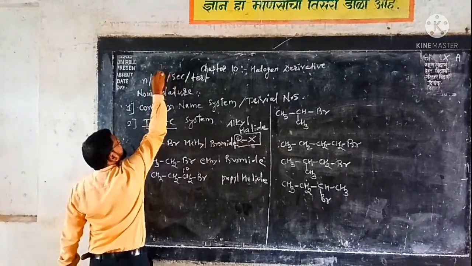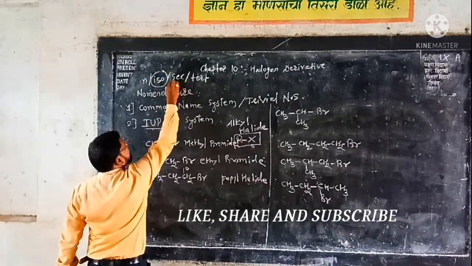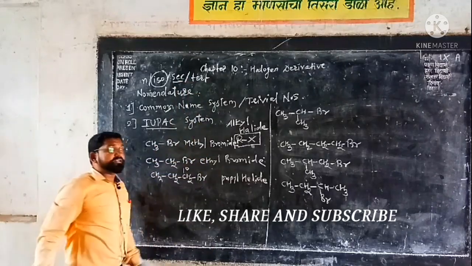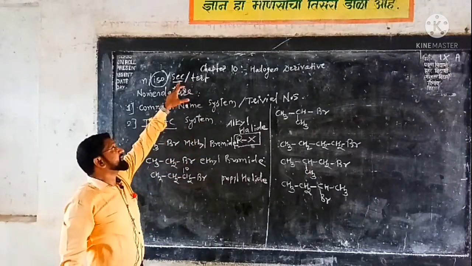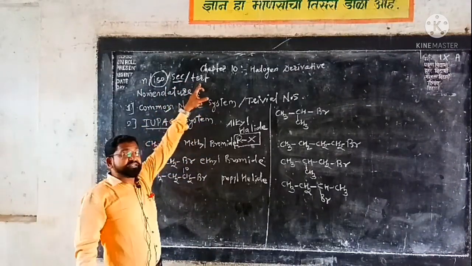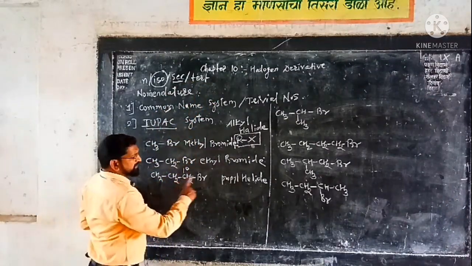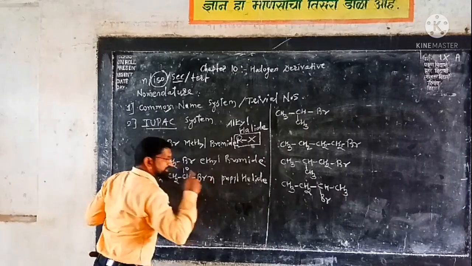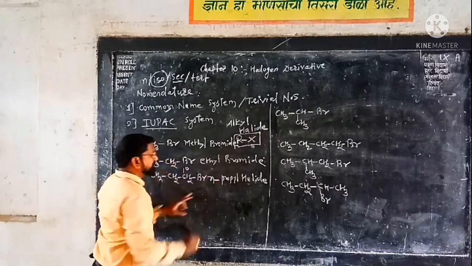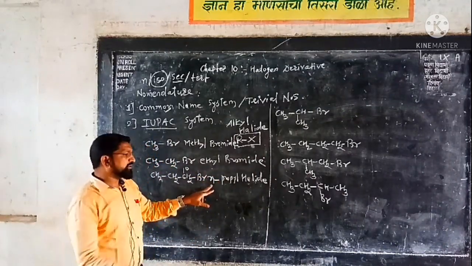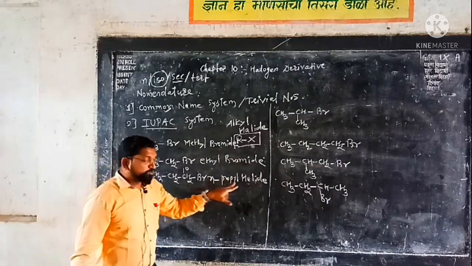Iso is a different case; I will discuss it very shortly. Secondary means the halogen is attached to a secondary carbon atom; tertiary means the halogen is attached to a tertiary carbon atom. So this is primary, therefore for the 3 carbon atom case we apply n: n-propyl halide.